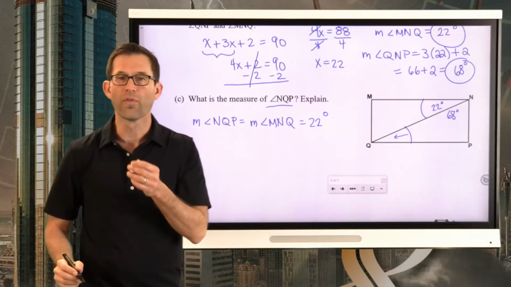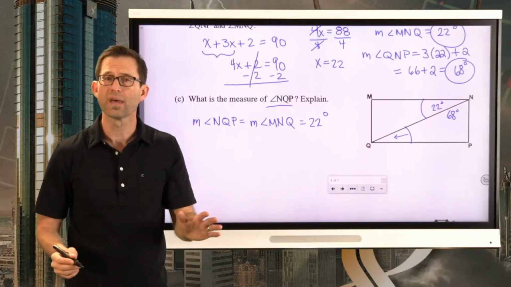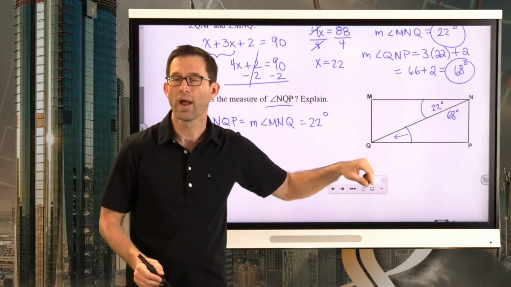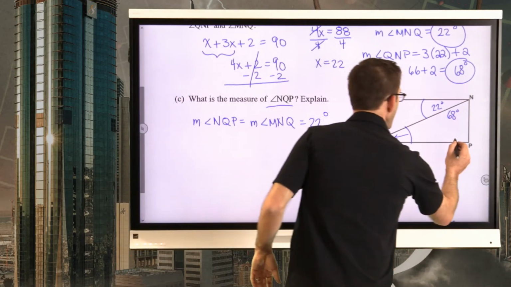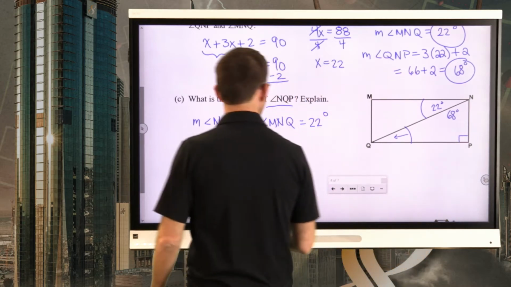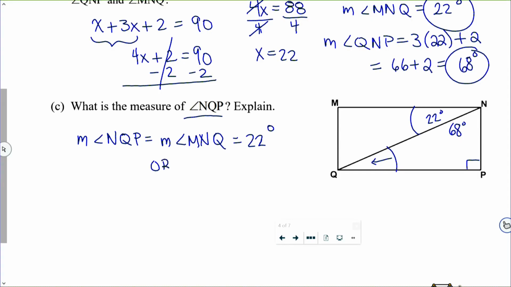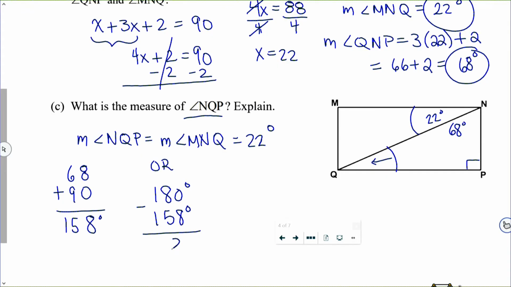But the cool thing is you can also do the following. Forget about alternate interior angles. I know that this angle is 68 degrees and this angle is 90 degrees, so we could also do our trick where we take our 68, add our 90, giving us 158 degrees, and then take 180 degrees minus 158 degrees and find 22 degrees as well.